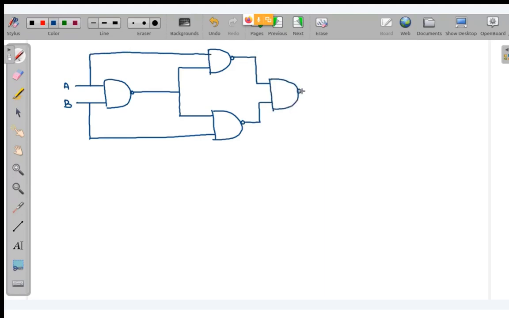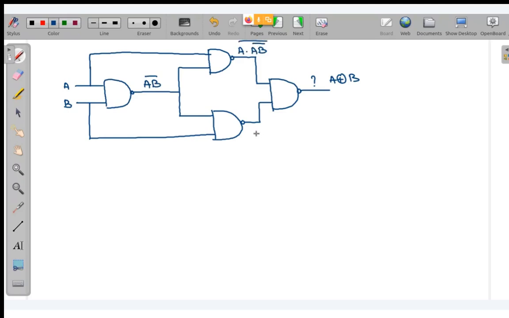Now calculate what will be this. Calculate. So obviously this is coming to be A XOR B. So this will be your AB whole complement. This will be A dot AB whole complement.